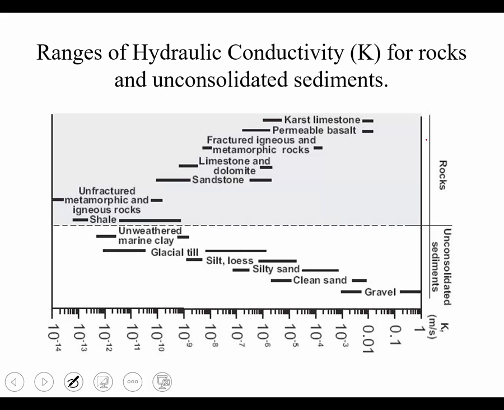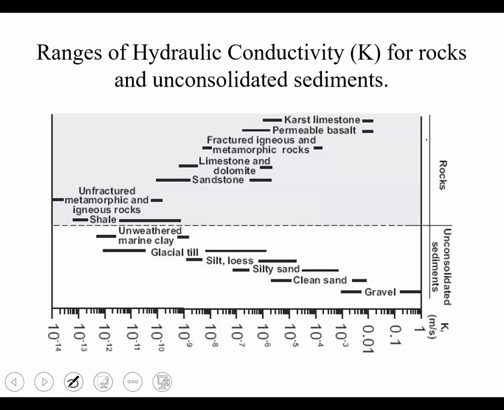Now this is a logarithmic scale from 10 to the minus 14 to 1 meter per second. And look at the variability. We got 3 orders of magnitude of variability. We got almost 4 orders here. And of course we have high to low. So there's a lot of information in something like this.